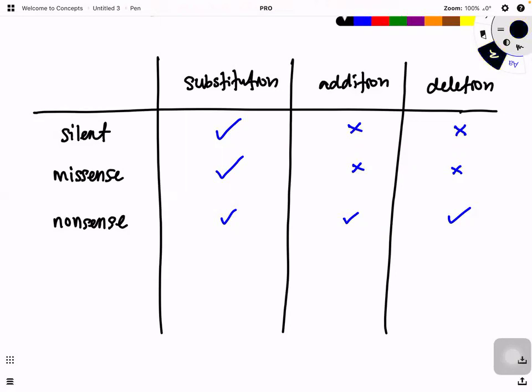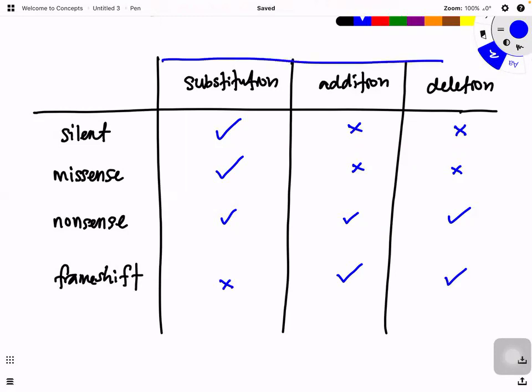The last one, frame shift. Frame shift mutations can only be caused by additions and deletions. Substitutions cannot. Are you clear? There is no way for substitutions to cause frame shift mutations. So understand the concept, then you will be able to figure it out.